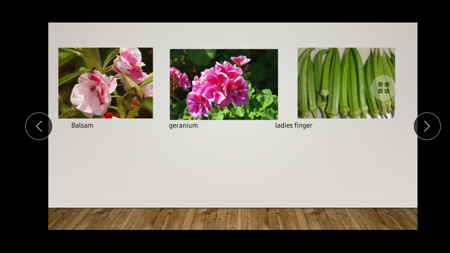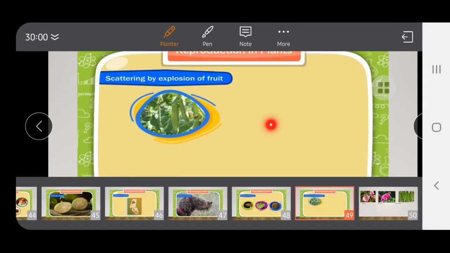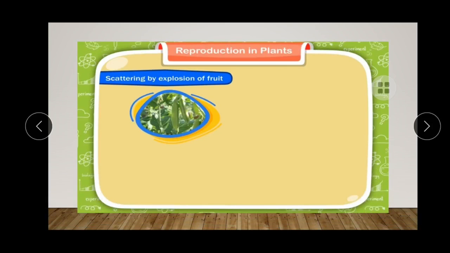As a result, the seeds inside them are scattered. This way, explosion of fruits happens, and those seeds are scattered.